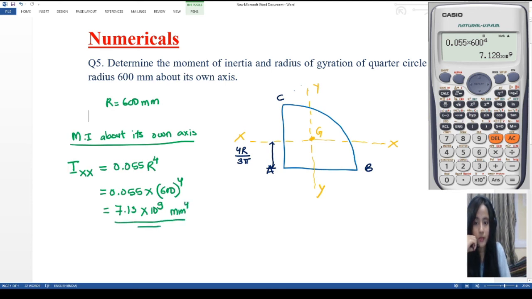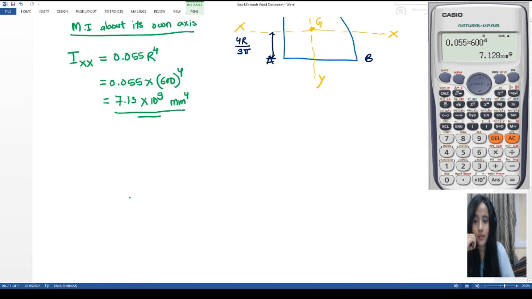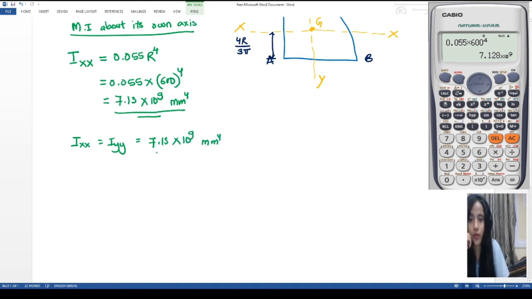So for a quarter circle, Ixx is equal to Iyy. It is equal to 7.13 into 10 raised to power 9 mm raised to power 4. So it will be same for a quarter circle.